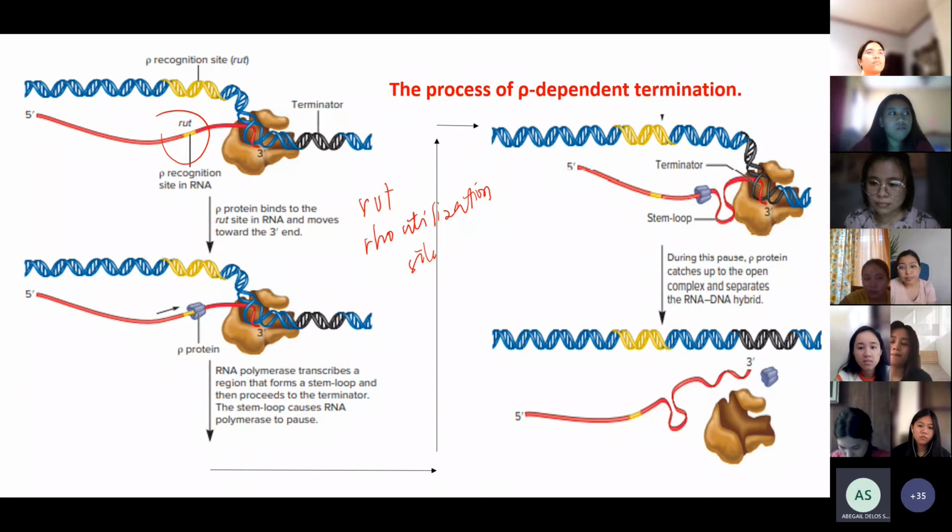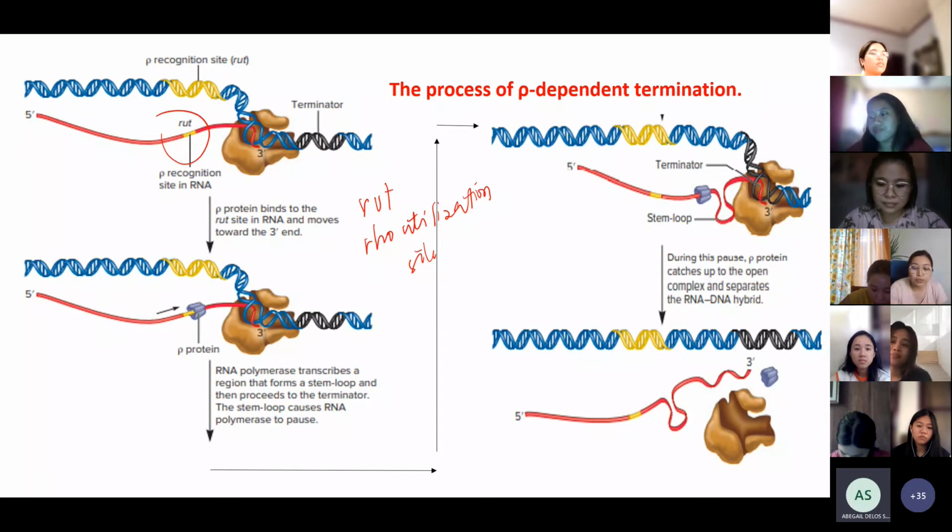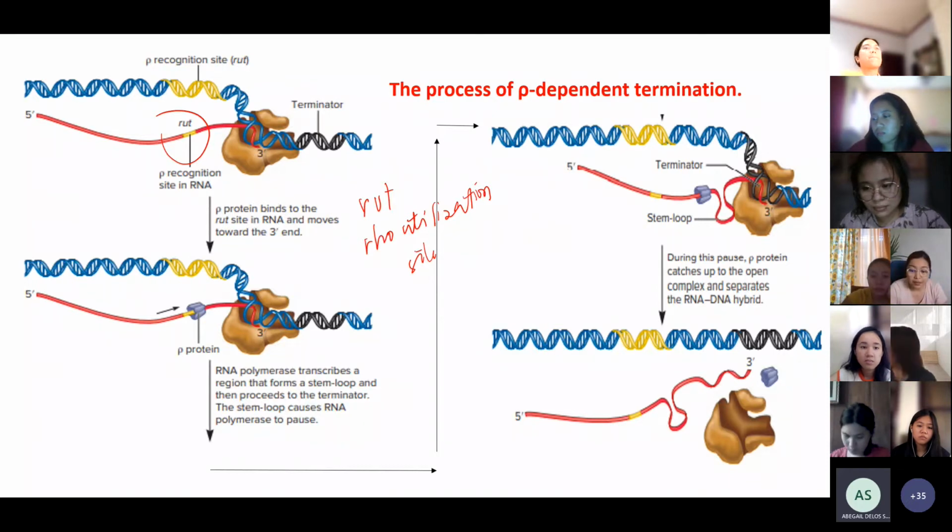So your helicase again would separate the RNA-DNA hybrid region after our rut site is synthesized in the RNA. You then would have your rho proteins that would bind to the rut site in your RNA and move towards the 3' end. The second component of our rho-dependent termination is the site where the termination actually would take place.